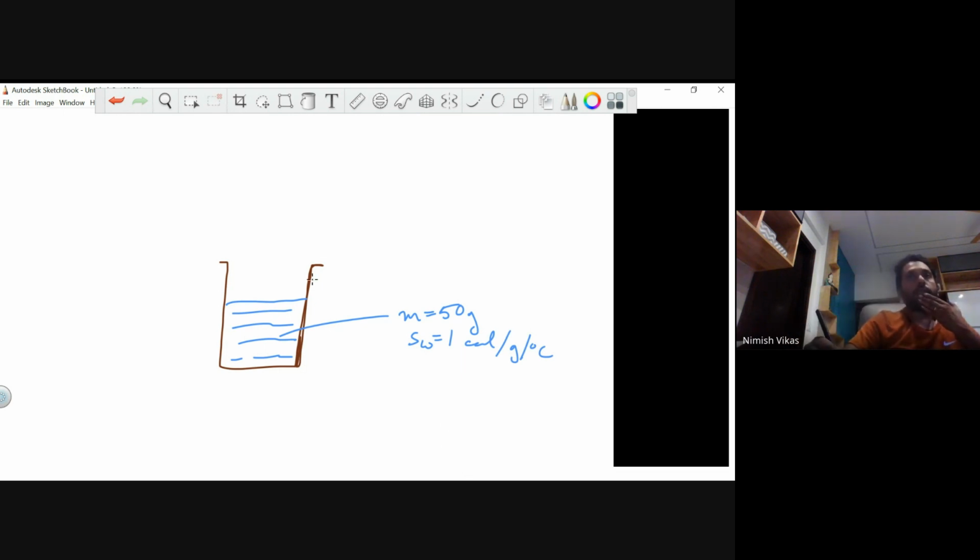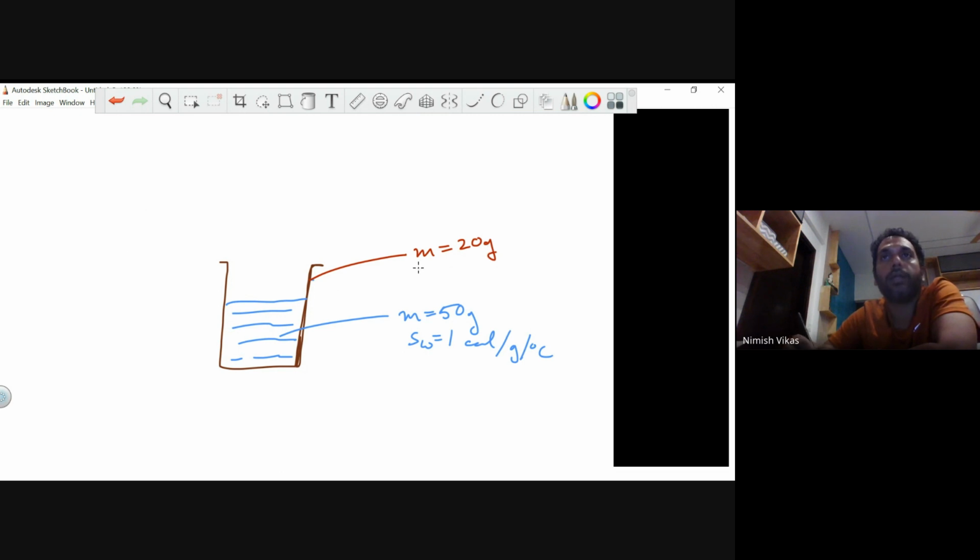Now this container has got a mass of, suppose, 20 grams. If so much of water is there in that, this mass will be much more, like 200 grams or something, but I'm just picking it up.